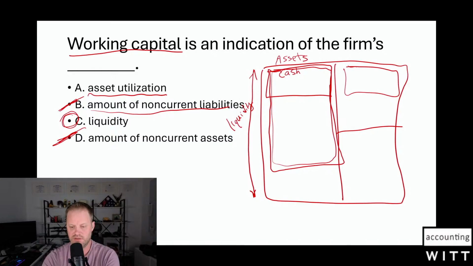Asset utilization is talking about, hey, are you being a good steward of your assets? Are you utilizing them? Bad asset utilization would be having tons of cash that you do nothing with. Well, having lots of cash on hand doesn't necessarily mean you don't use it. It is related to this potentially, but just by definition, it's really just talking about how much liquidity you have.